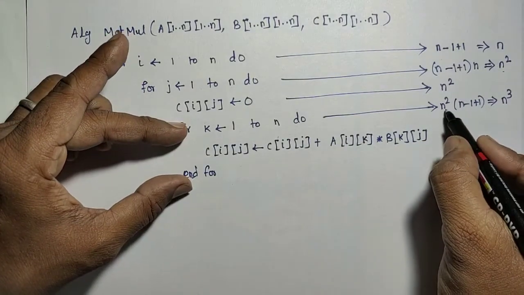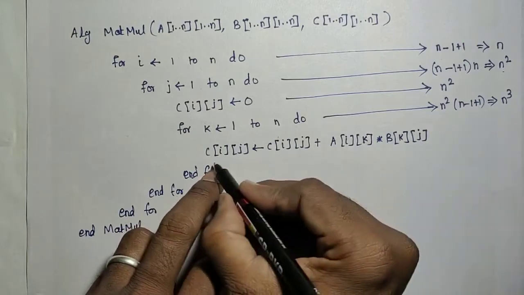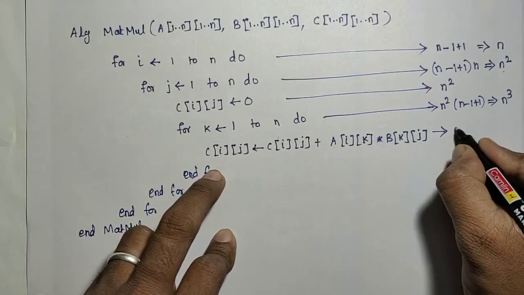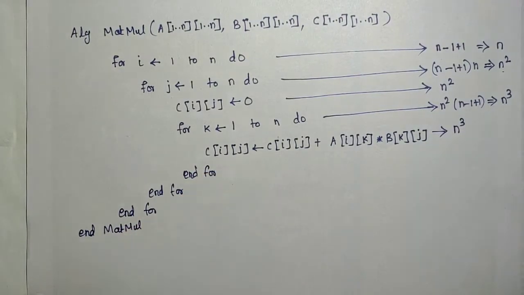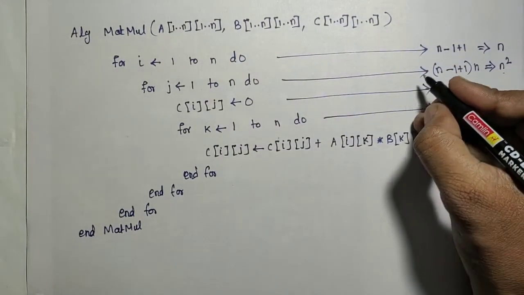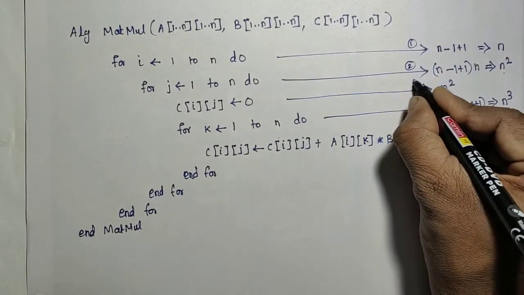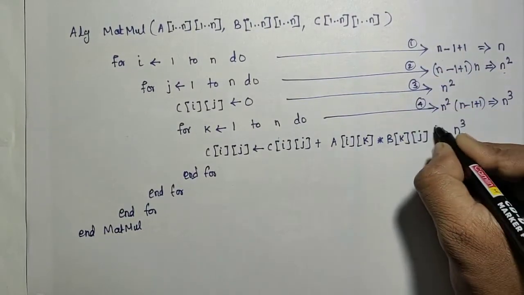N squared. So n squared into this counter, so n cube time. So this inner statement is also going to be executed n cube time. So 5 operations are encountered: 1, 2, 3, 4 and 5.